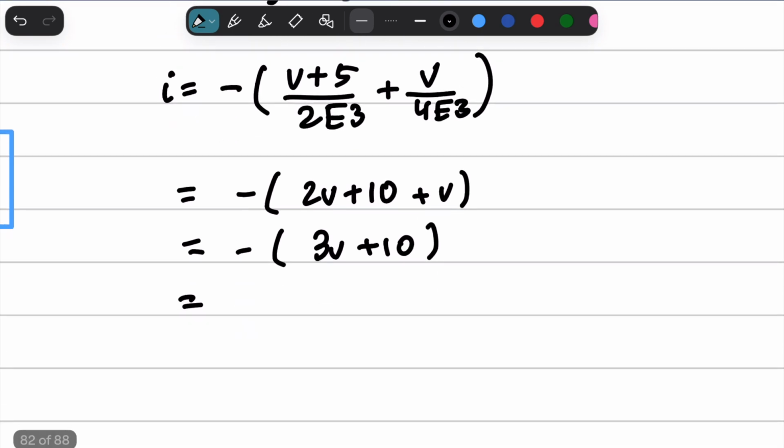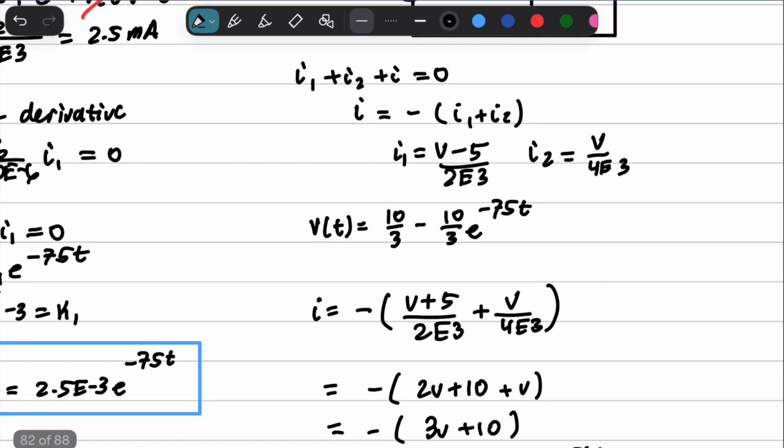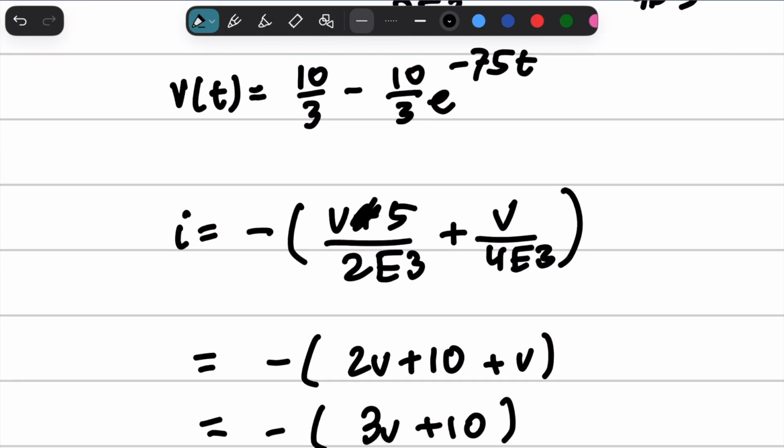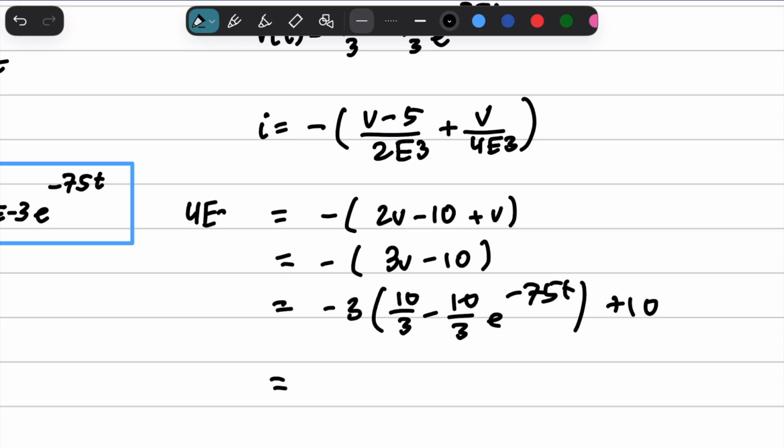And when we plug it in, negative 3, 10 to the 3, e to the negative 75t, minus 10. Oh, oops. This is supposed to be minus right here.